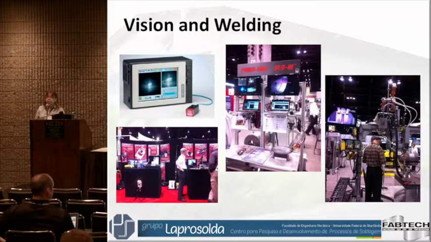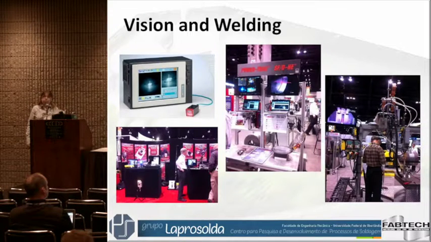In welding specifically, vision can give much information. These are some photos that I took in Fabtech 2011. Sorry, I didn't take them yesterday, but if you go down there, you see many devices that use vision in welding.